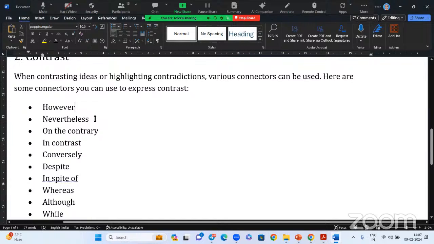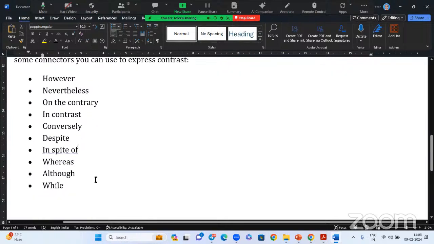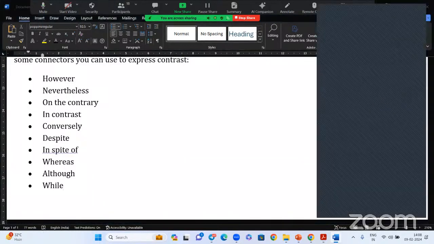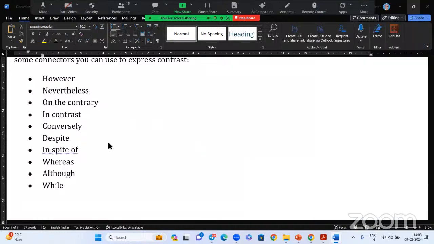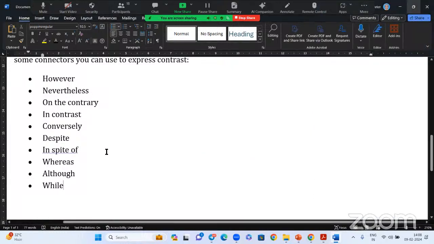However is contrast. Nevertheless, on the contrary, in contrast, conversely, despite, in spite of, whereas, although, while. All these are contrasting features. What do you mean by contrast? For example, I told you to do it. You did not. I told you, but you did not.